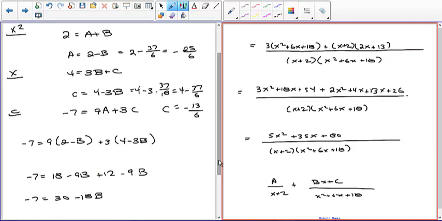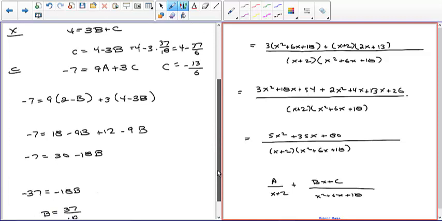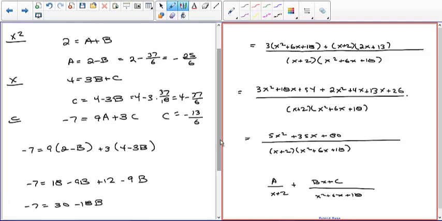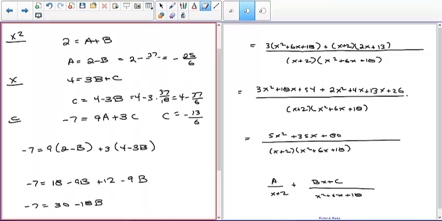Okay, which one did I make a mistake on? Right here? Oh, okay. 12 minus 37. Oh, this should be 37 over 18. Oh, you're right, thank you. Yeah, I think I put 6 because I was thinking of what that simplified down to.